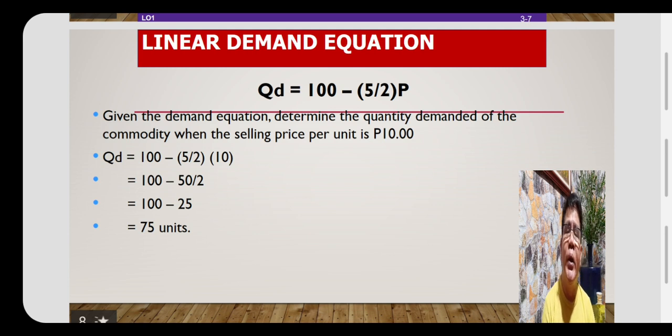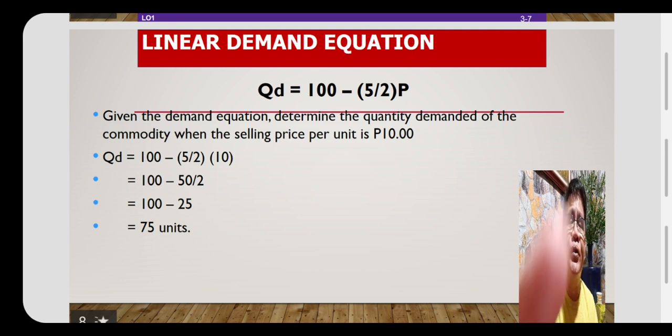Continuing, we have 75 units, because 100 minus 25 is 75. So quantity demanded is 75 units when the price is 10 pesos.